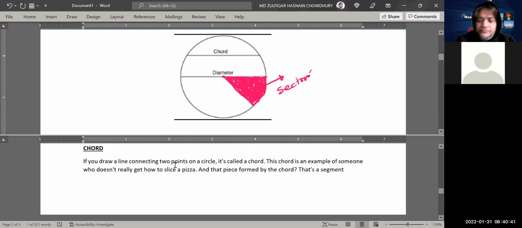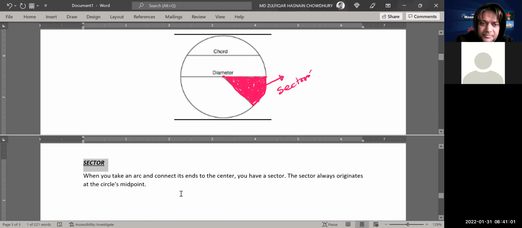Okay, so are you quite clear about the sector? It's like a slice. Tell me. When you take an arc and connect its ends to the center, you have a sector.